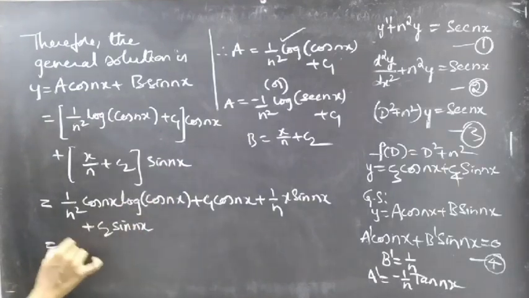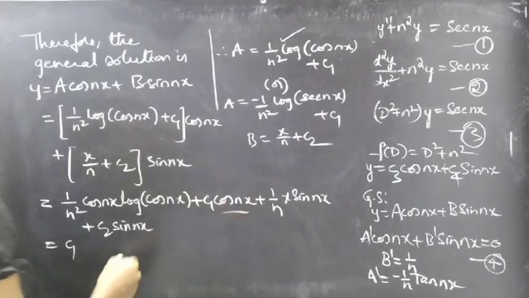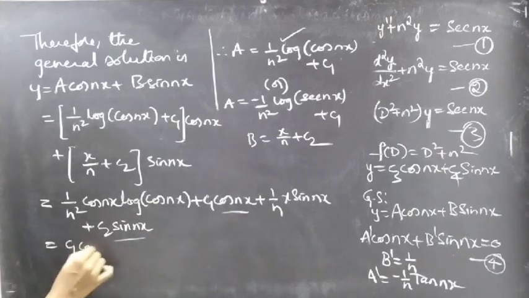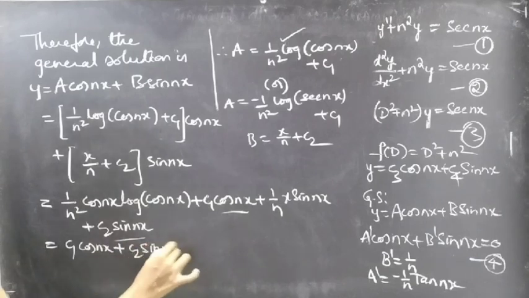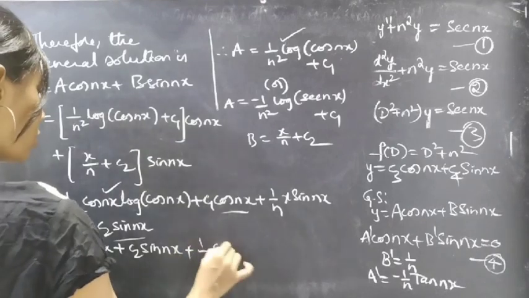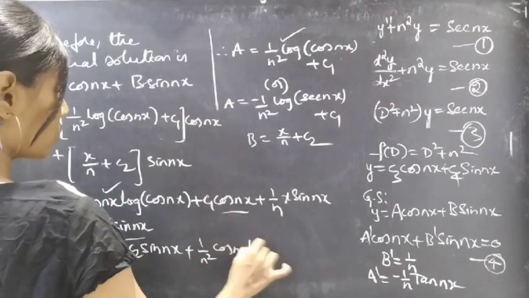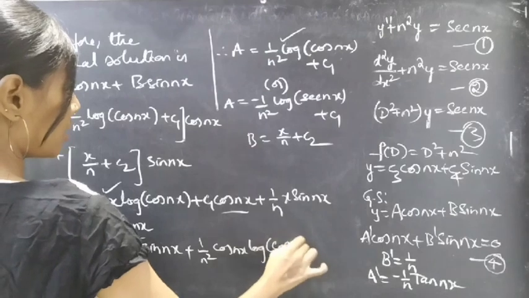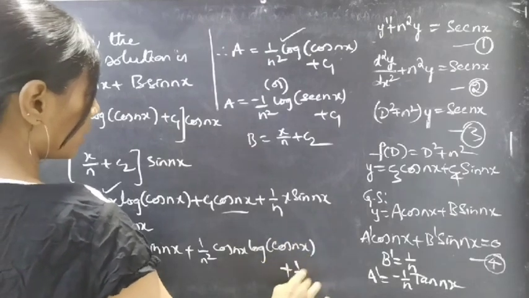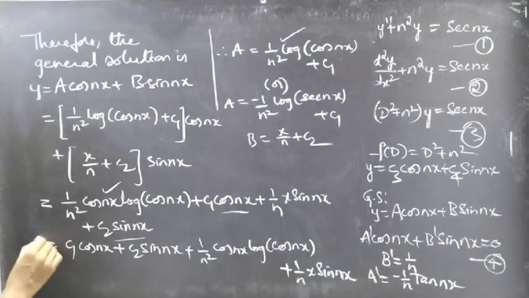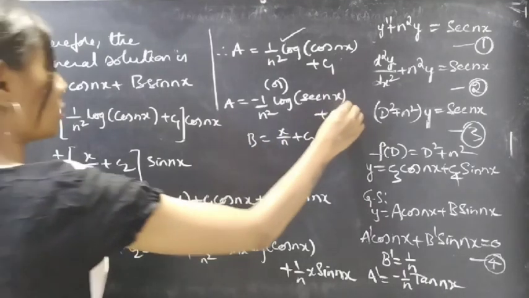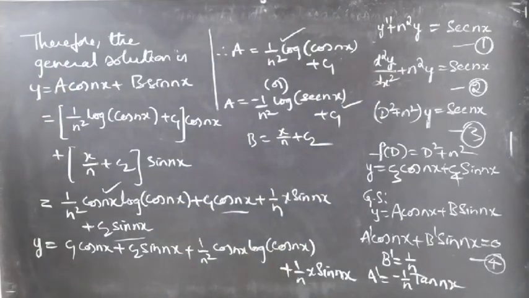Or we can write it as, first write the terms involving c1 and c2. Firstly, we'll get c1 cos nx plus c2 sin nx plus 1 by n square cos nx into log of cos nx plus 1 by n x sin nx.